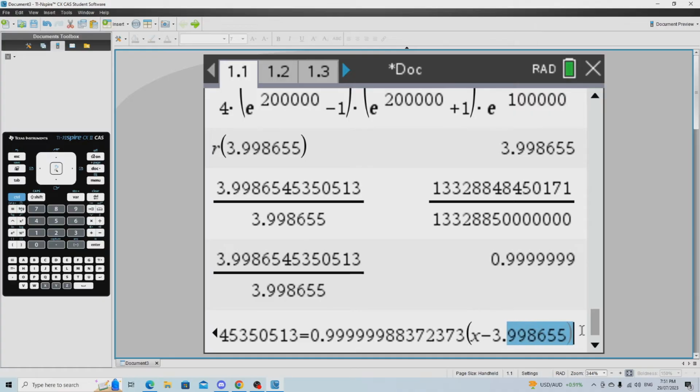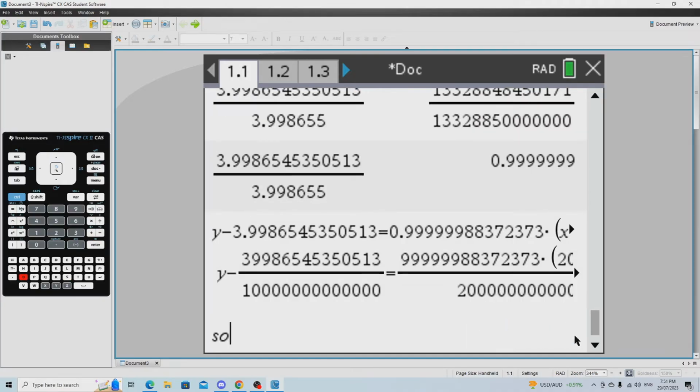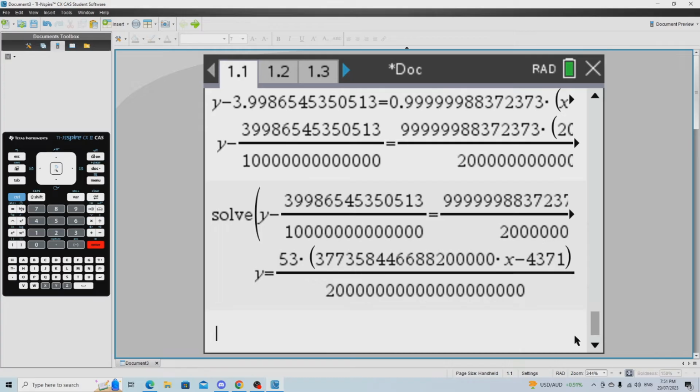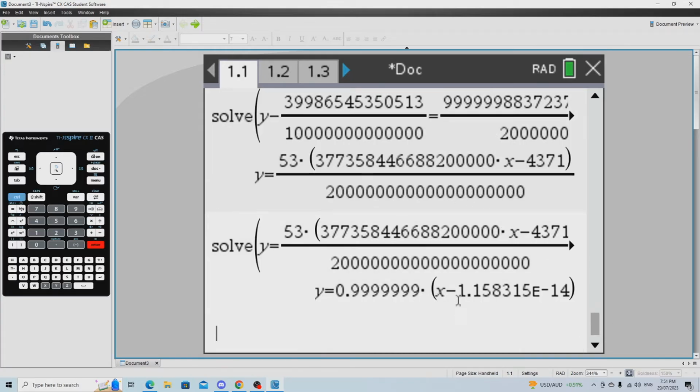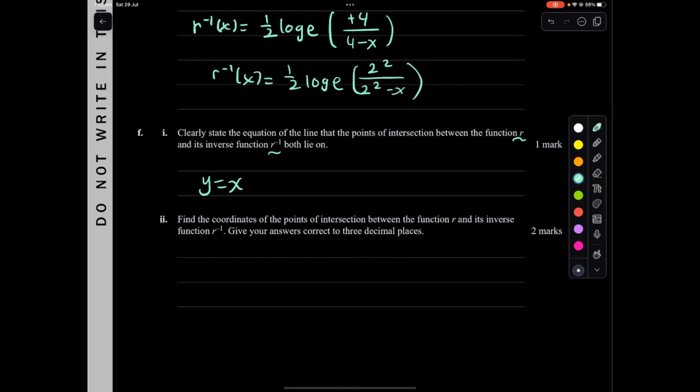Y equals 0.9, so just say 1, because it says clearly state the equation, so it's a whole number. It's 1 x minus this number to the negative 4, which is very, very small, so just 0. So we're saying 1 times x, which is just y equals x. Is that right? This is the equation of the line that the intersection points between the function and its inverse both lie in.